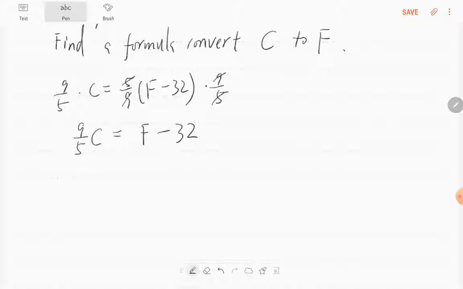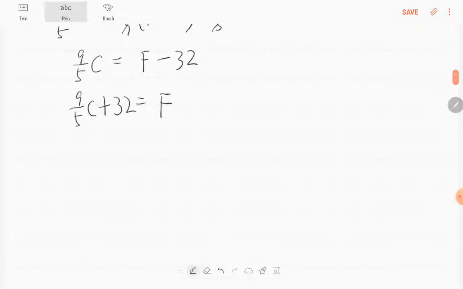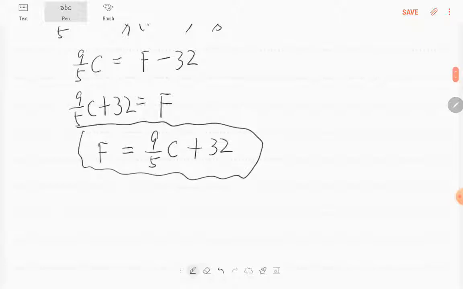Then we add 32 on both sides. Then you have this relation. So we always like to write F equals 9/5 times C plus 32. Okay, so this is your answer.